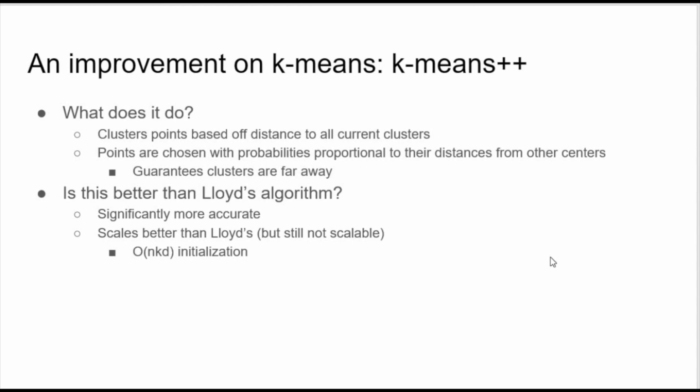And the answer is yes. As we have already discussed, the way k-means++ picks centers makes the clustering more accurate, and the more accurate clusters lead to lower numbers of Lloyd's iterations to converge, which means faster runtimes. Something we want to keep in mind is that runtime is linear, or order of nkd, where the data is the n times d matrix.